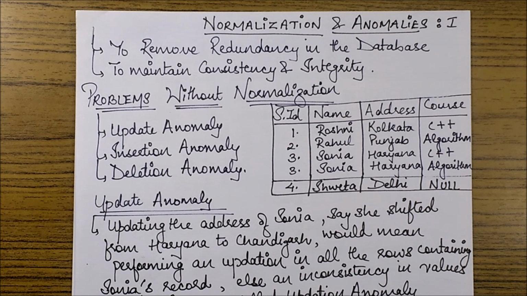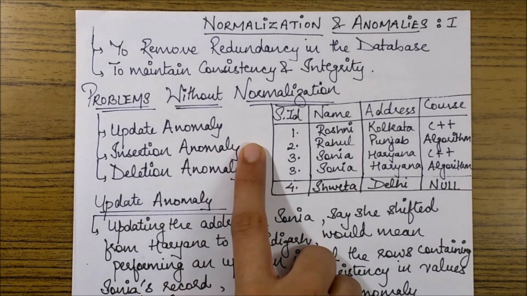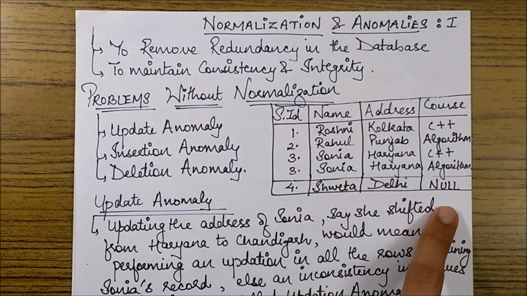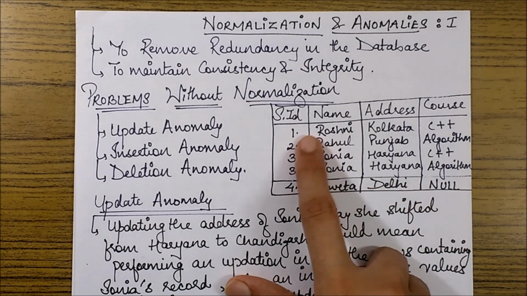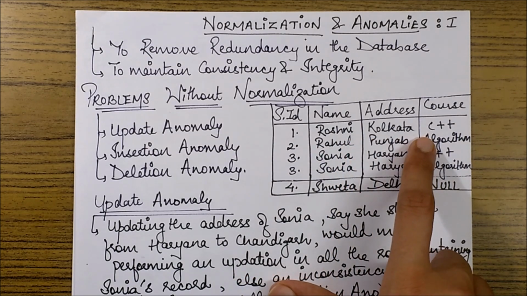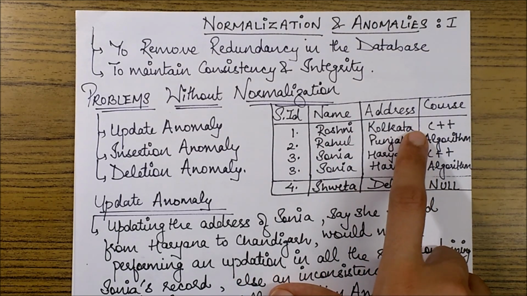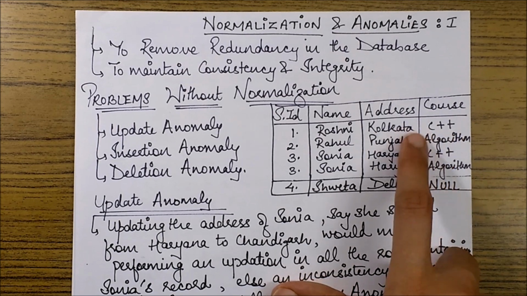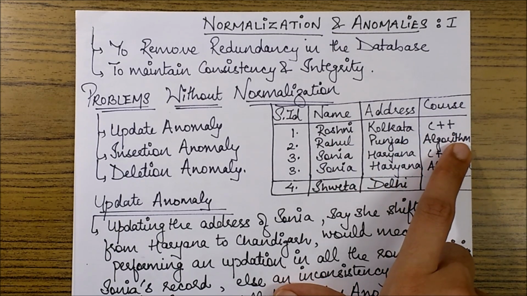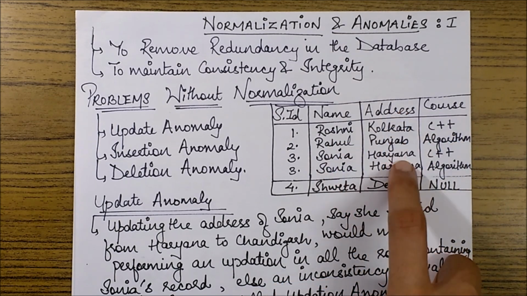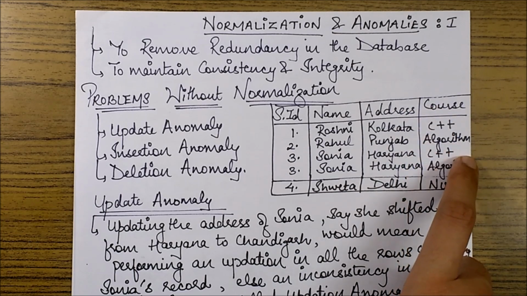So first of all, the first one is the update anomaly. You can see this table over here. Let's take this as an example. There are four records in this table. First one is Rashmi, the address of the student is Kolkata, and the course opted by the student is C++. Next is Rahul, address is Punjab, course is algorithm.